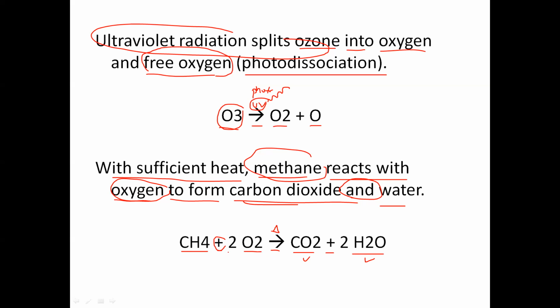There's the right coefficient that is put in place. So that means 1 molecule of CH4 or methane plus 2 molecules of oxygen, this is the coefficient, will yield or will form 1 molecule of carbon dioxide plus 2 molecules of water.